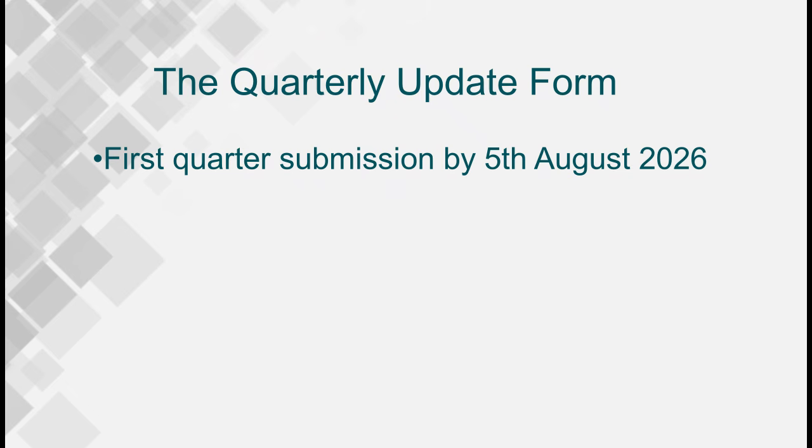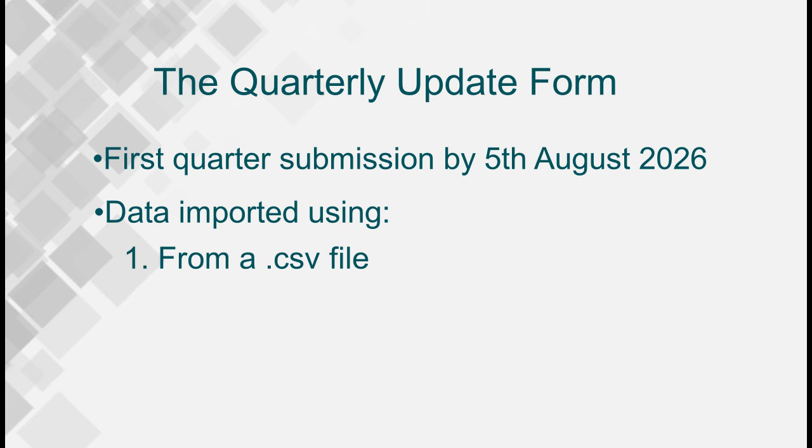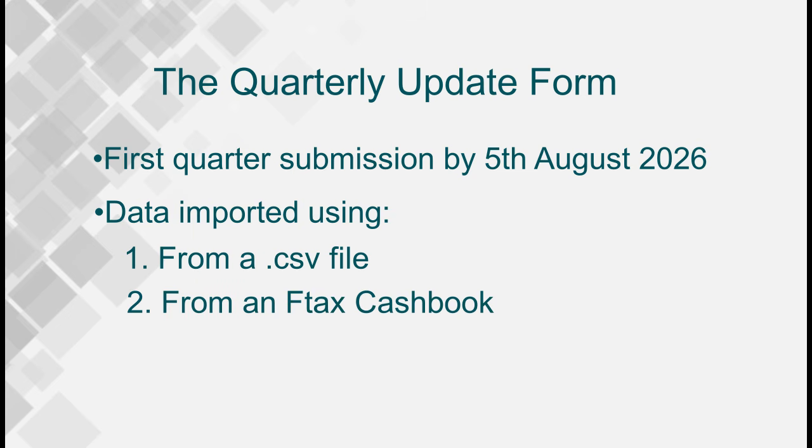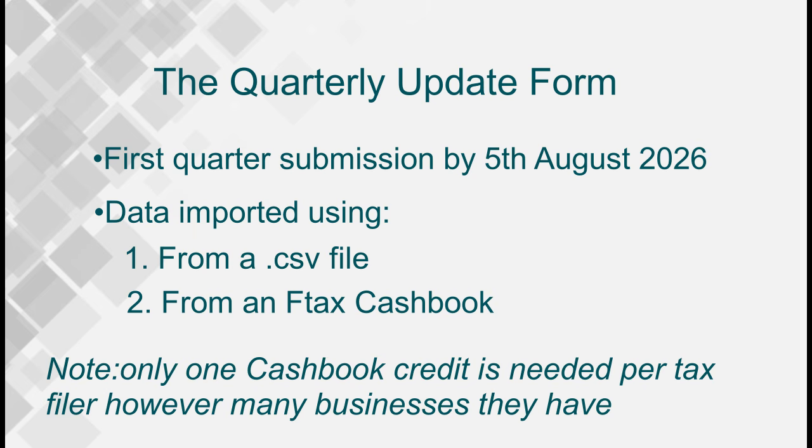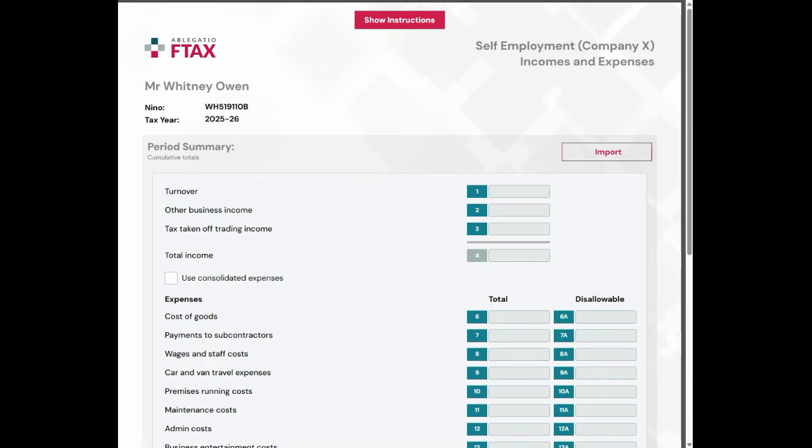The quarterly update form may be populated in an MTD-compliant manner in one of two ways: a CSV file or an import from the Ftax cashbook. Only one Ftax cashbook credit is needed per tax filer per tax year, however many businesses that tax filer has. A CSV file containing incomes and expenses data may be imported.